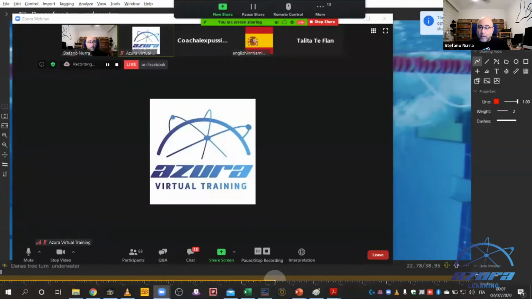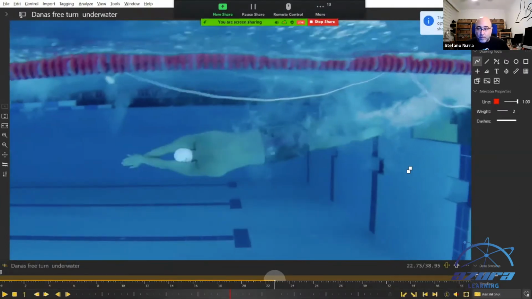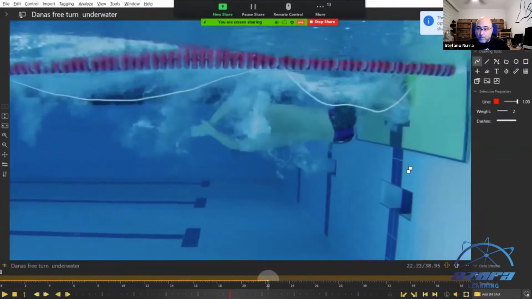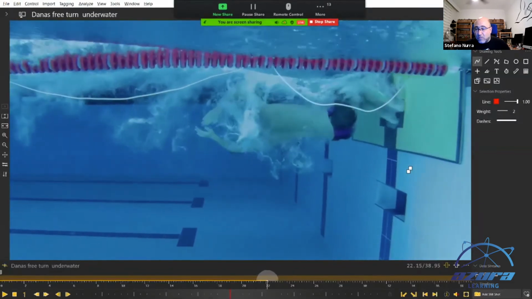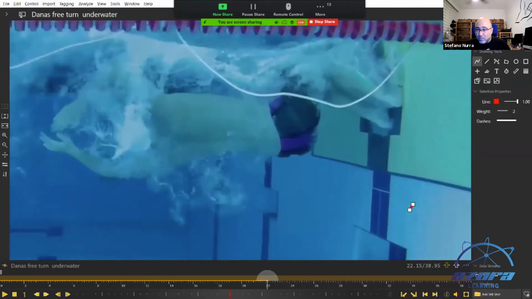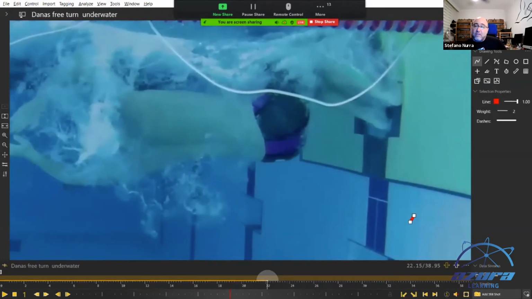So if I can share my screen again. The reference we are giving about the feet position is keep your feet open like your hips.